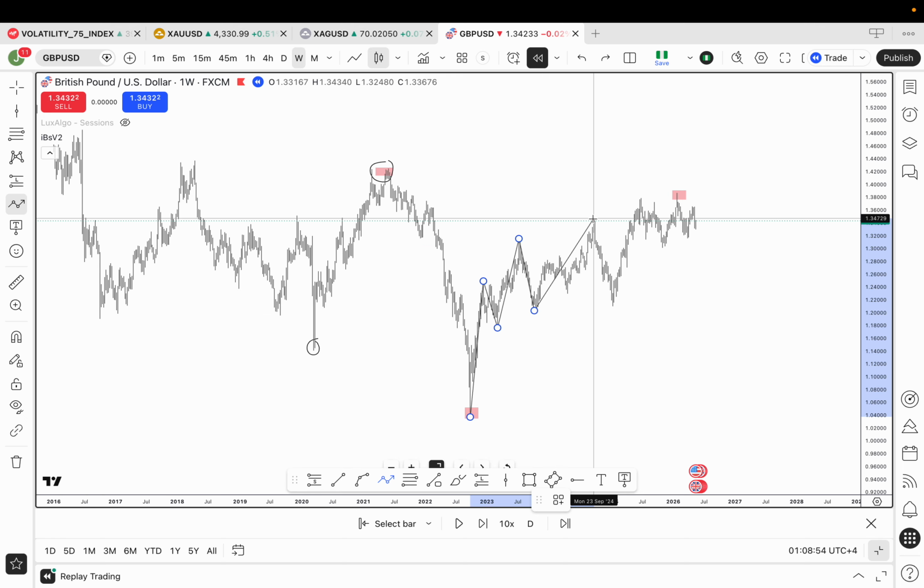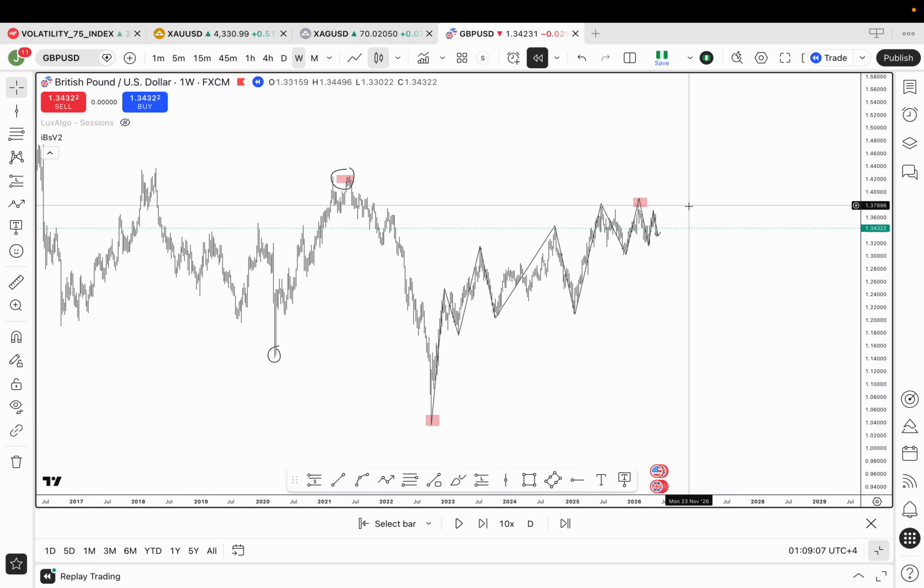Then you go like this, come down again, then go up, then come down again, then go up, then you come down, then go up again, then down. Okay, so this is the simplest way to draw a break of structure, highs and lows.